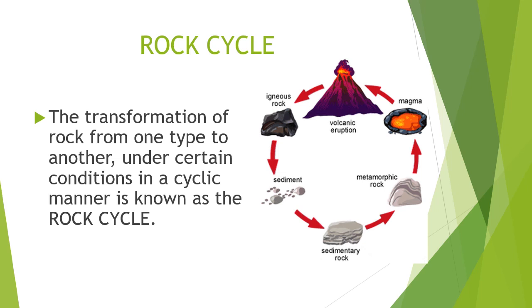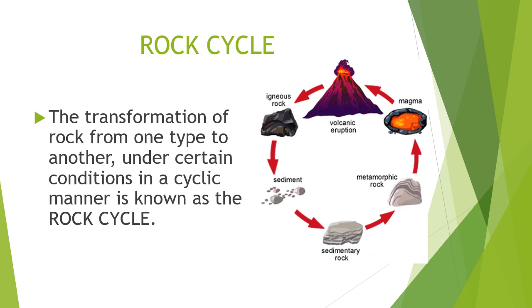Igneous rock gets fragmented into pieces and gets deposited in layers, forming sedimentary rock. Sedimentary and igneous rocks change their character under great heat and pressure and form metamorphic rock.